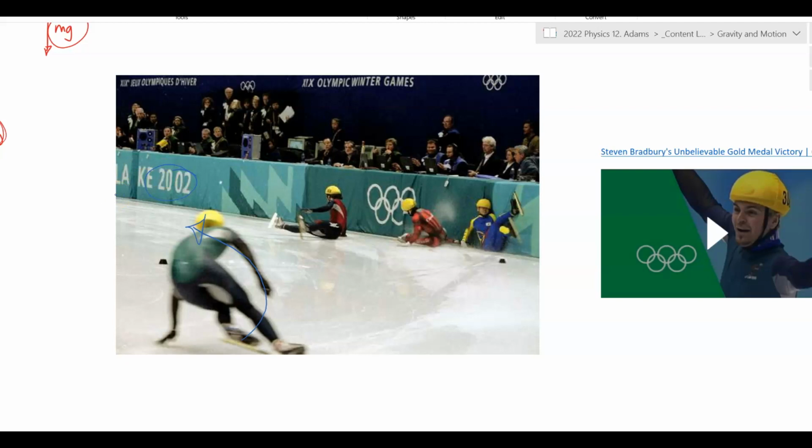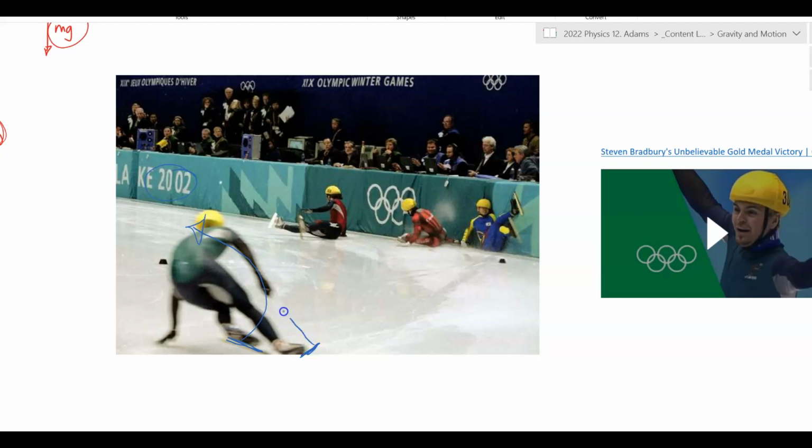Famous piece of history with Steven Bradbury, short track speed skating, grand final gold medal match, was coming last. What's happened, of course, is to keep going in a circle, the skates dig in quite viciously on the track on the ice.